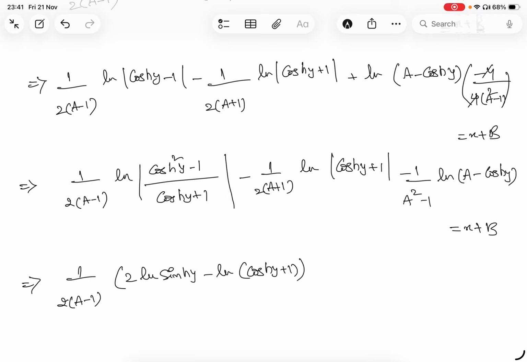Fine. Then this next term is minus 1 by 2 into a plus 1 into ln of mod cos hy plus 1 minus ln of a minus cos hy by a square minus 1 equal to x plus b.